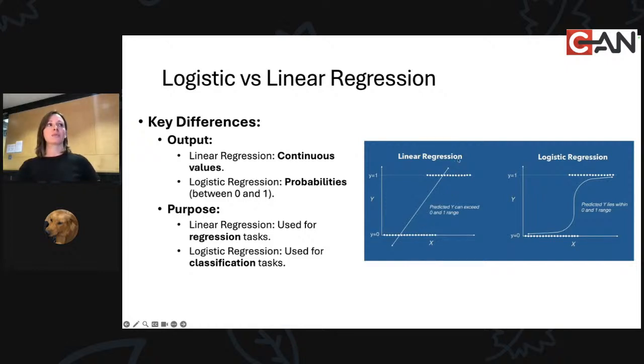And this is why linear regression wouldn't be appropriate for that. It would fit a linear line to that, and any values in between, including beyond 1 and beyond 0, would be valid values for output. And that's really not what we're trying to model.